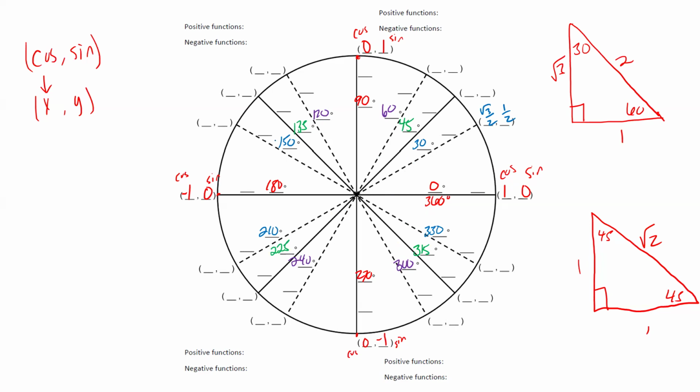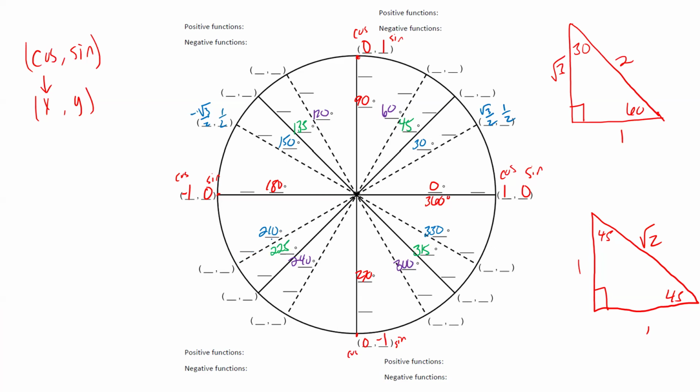So in quadrant 2, that means at 150, it's going to be negative square root of 3 over 2 and 1/2. That's because in quadrant 2, your x's are negative and your y's are positive. Does that make sense? And in quadrant 3, the next angle that has a reference angle of 30 is 210.